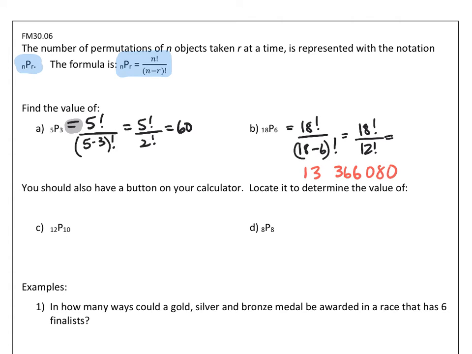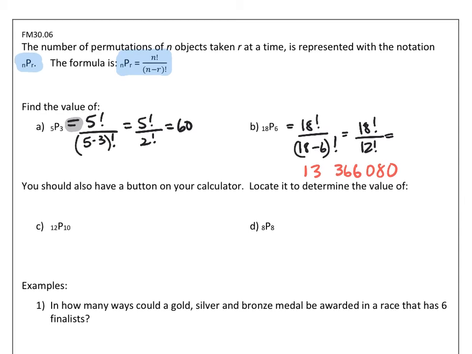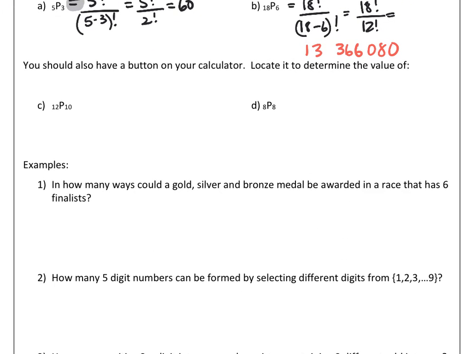Now, you also have an nPr button on your calculator, so I want you to take a minute and find that button. It's probably a second function. It'll look like nPr in all likelihood. You may have to look around for a little bit or ask me if you're unsure. It could be in a hidden menu, or it could just be a second function. Every calculator is a little bit different, so if you need to pause the video and take a look, please do that.